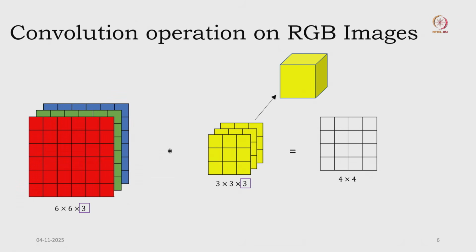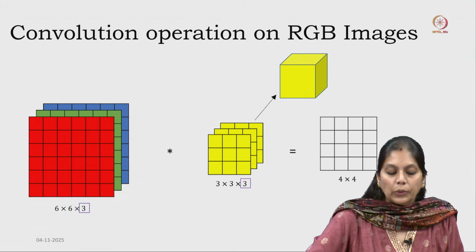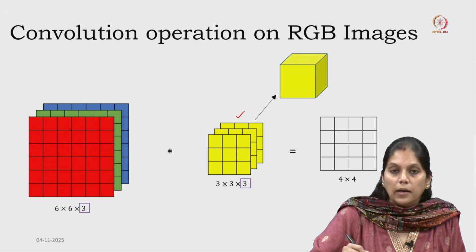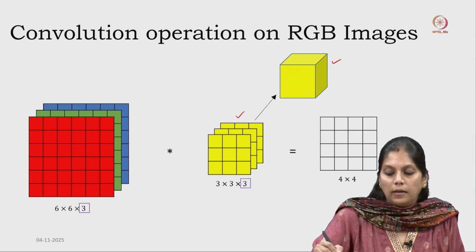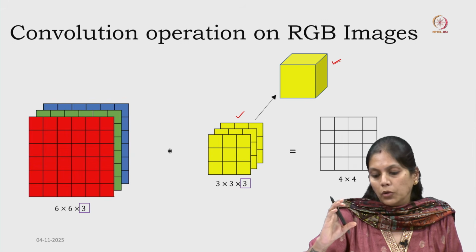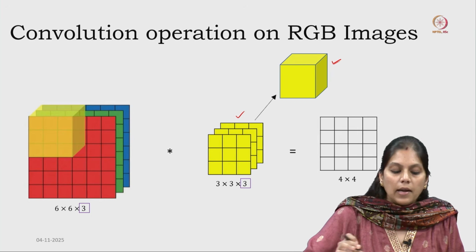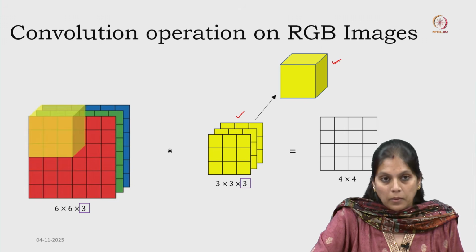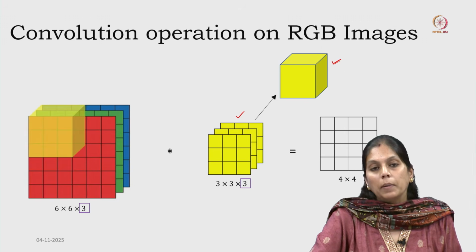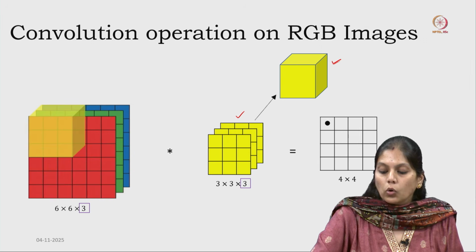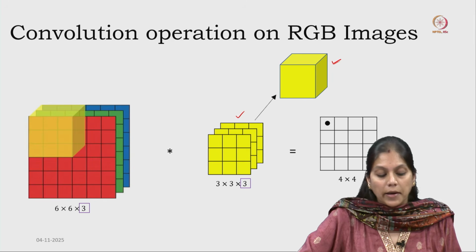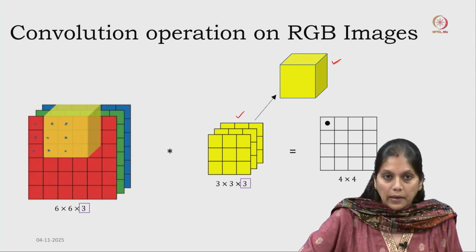The same thing you have seen numerically, you can visualize graphically here. This entire kernel, if you consider it as one set, is applied on this. Then you perform point by point element-wise multiplication and summation, and you get a value here. Then you apply stride, and you get something like this.